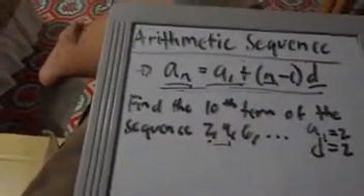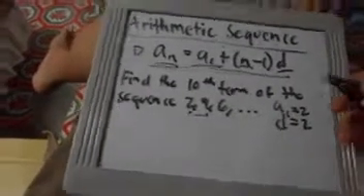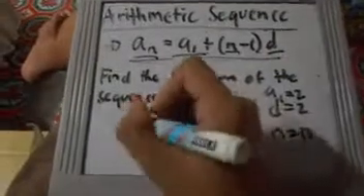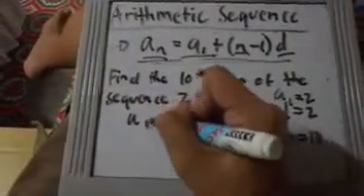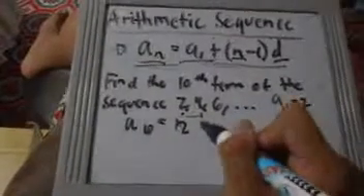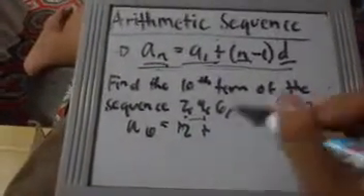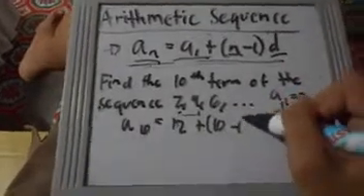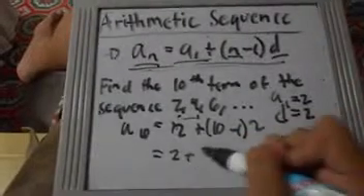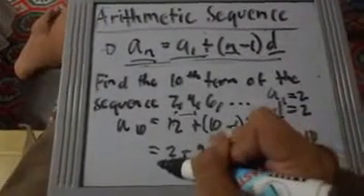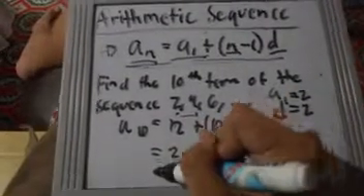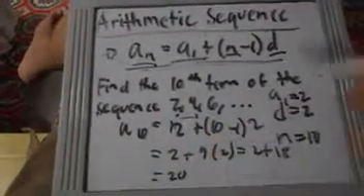Now, the missing term: we are asked to find the 10th term, therefore our n will be 10. Substituting it to the formula, a sub 10 equals 2 plus 10 minus 1 times 2, which is equal to 2 plus 9 times 2, equals 2 plus 18, equals 20.